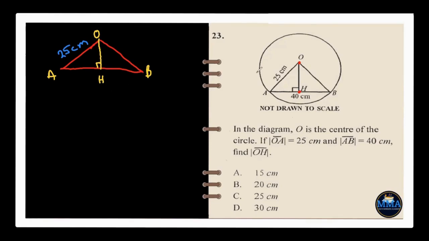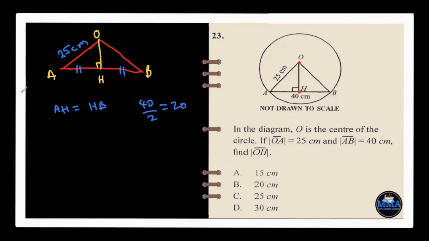So this line OH is a perpendicular bisector, meaning that this part, that is AH, is equal to HB. So we are going to share this 40 into 2, and that gives us 20.